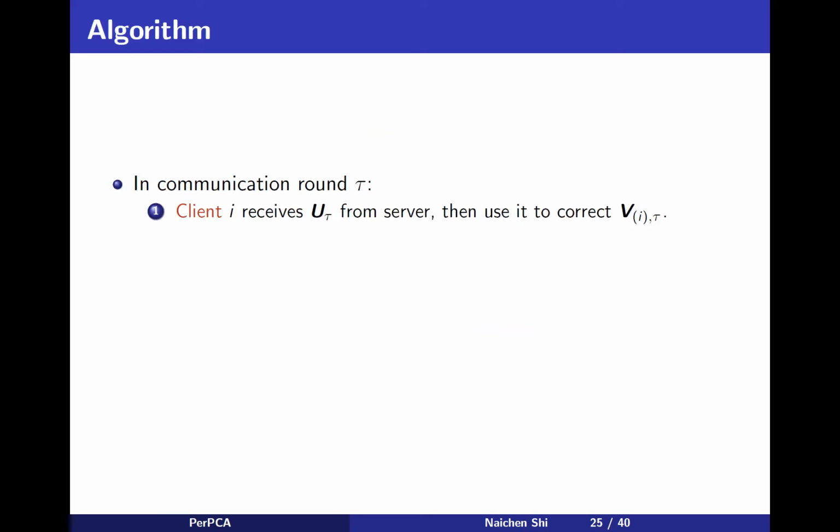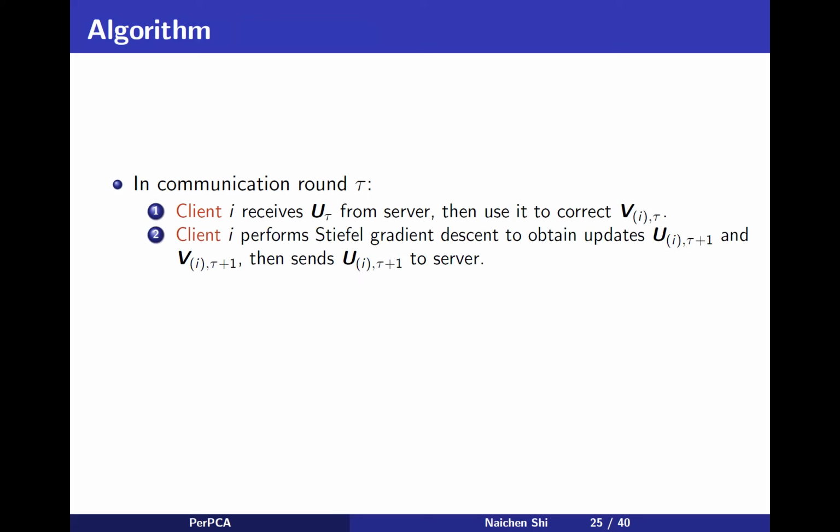So in the modified algorithm, in each communication round, client i will receive an update from the server and use it to correct its local PC. This correction step involves deflation and generalized retraction. And then it can safely use the corrected global and local PCs to perform a step of Stiefel gradient descent.